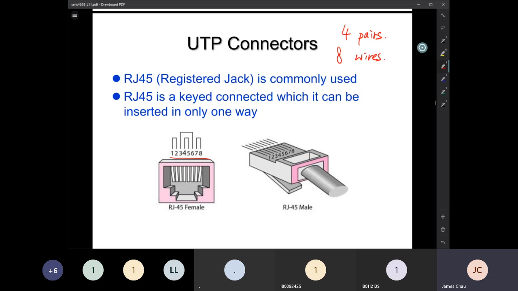What you are going to do is put the male connector into the female connector, and that completes the connection. Because the RJ45 makes the connection only one way, you cannot reverse the male connector to insert it into the female connector.